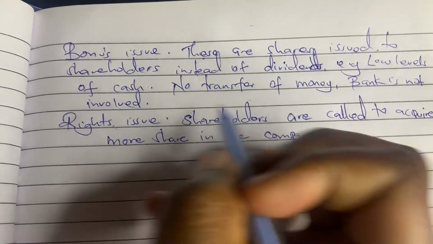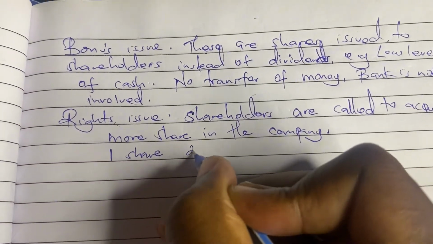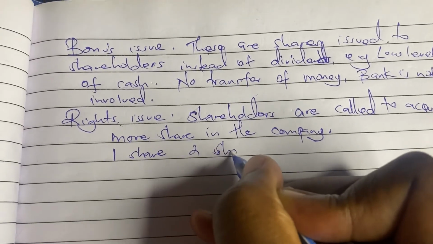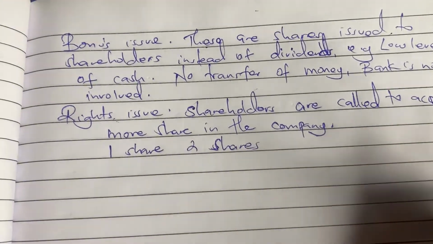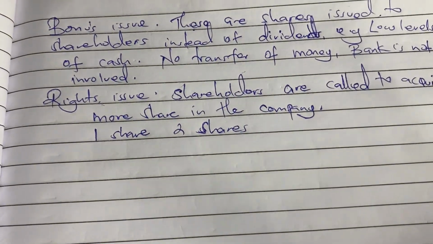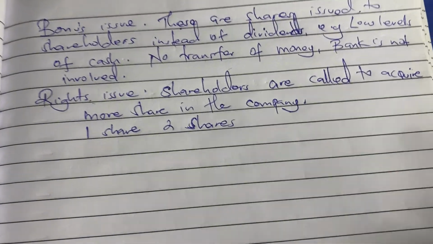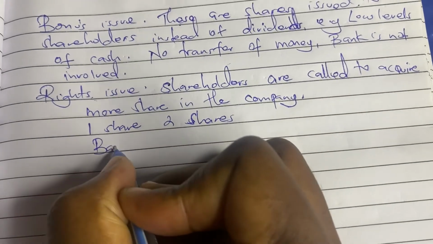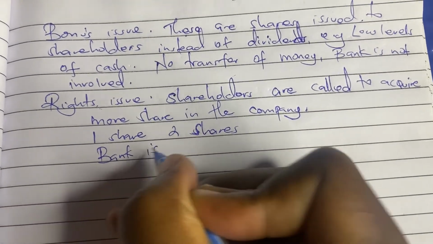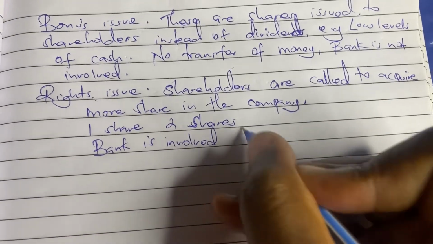They can tell them, for every 1 share that you own, we shall give you 2 shares. Like that. So they call up the shareholders to acquire more shares in the company or to buy more shares. So here, since they are buying, bank is involved, since there is transfer of money.